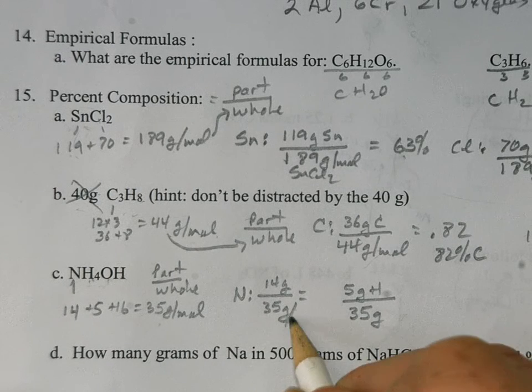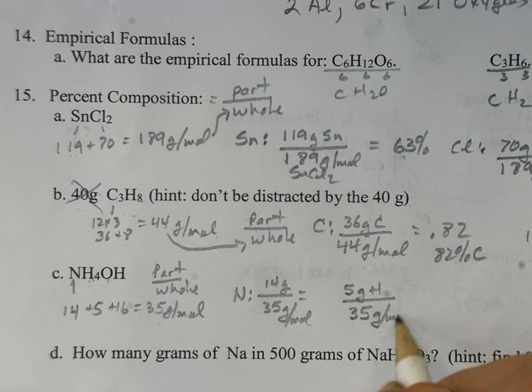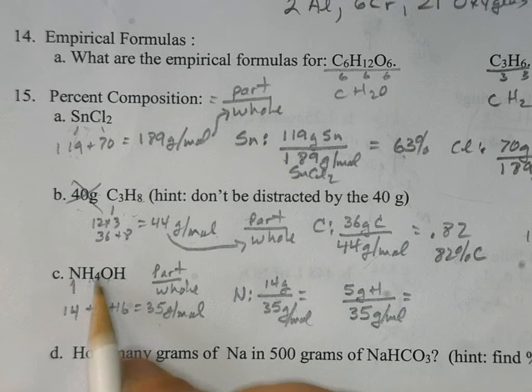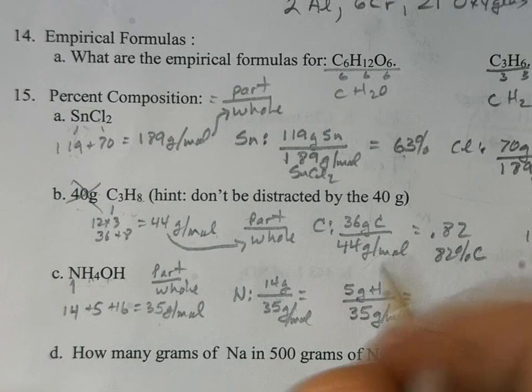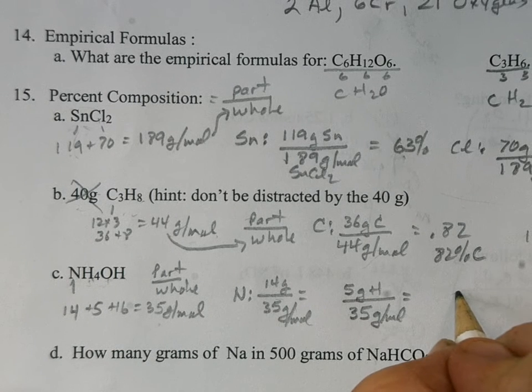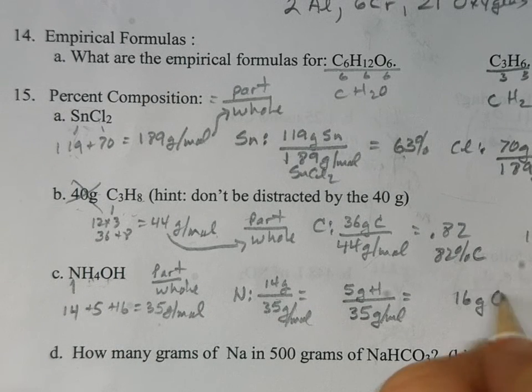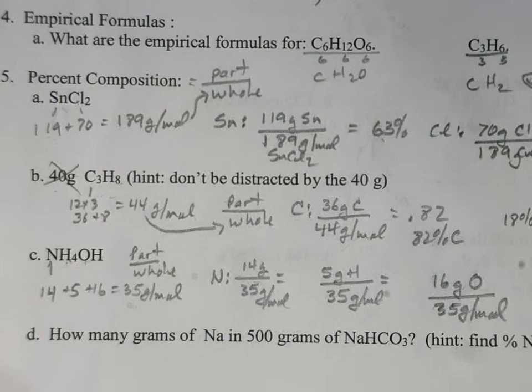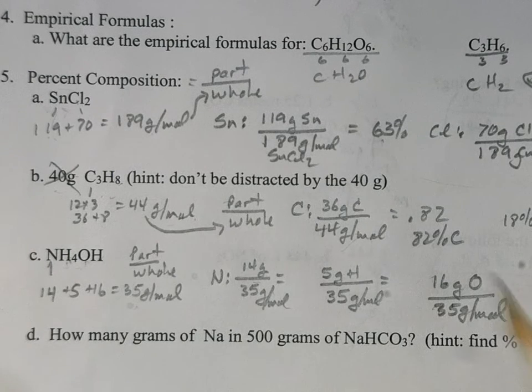That'll give us the percentage for hydrogen. And then oxygen, there's just 1 oxygen there, so we have 16 grams of oxygen over 35 grams per mole for the whole compound. So you can do the percentages there.